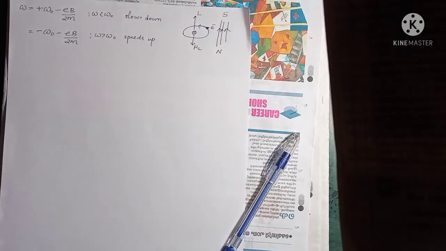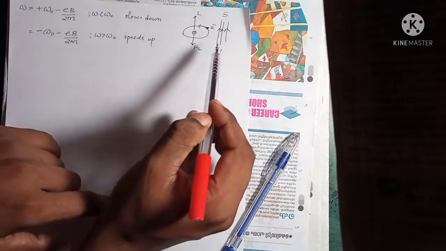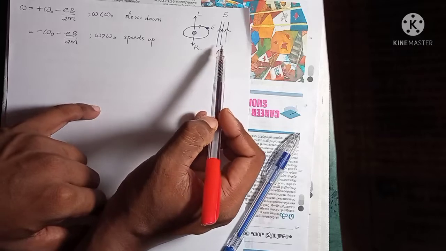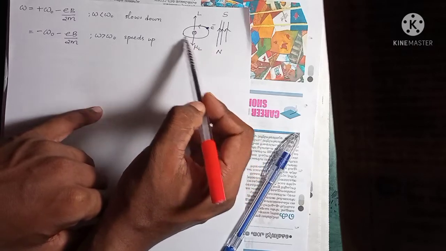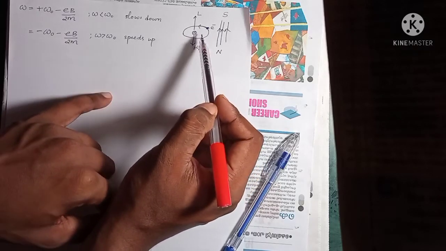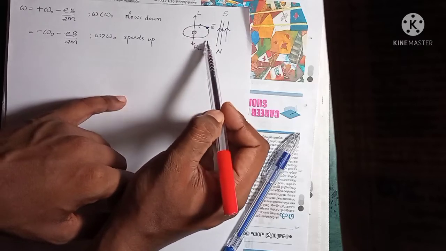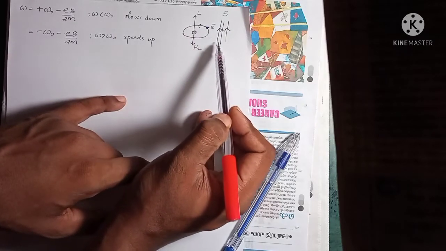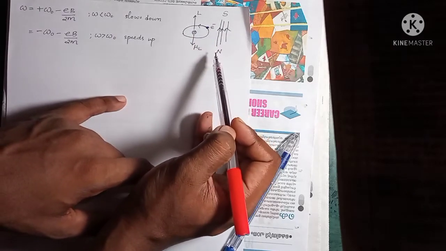And now in this case, this is the same electron, suppose, and this is the magnetic field due to the revolution of the electron. The electron revolving around the nucleus acts as a bar magnet, and it creates a magnetic field in this way.